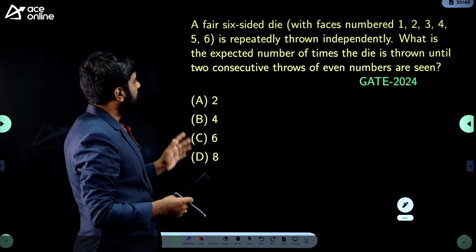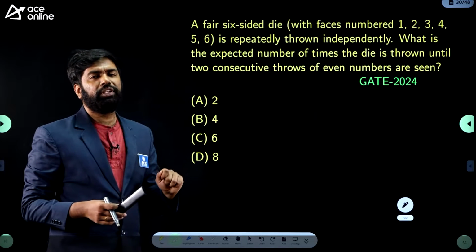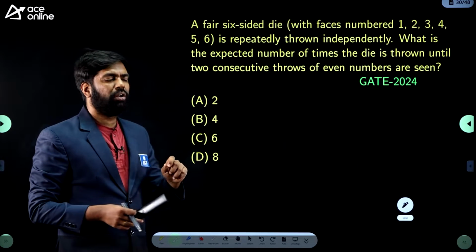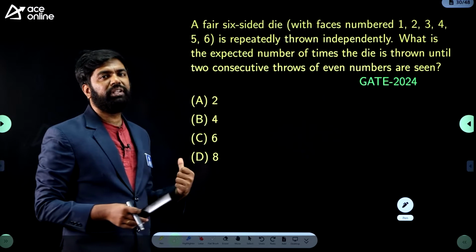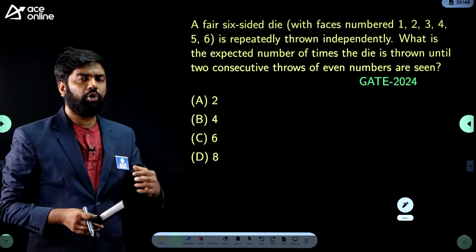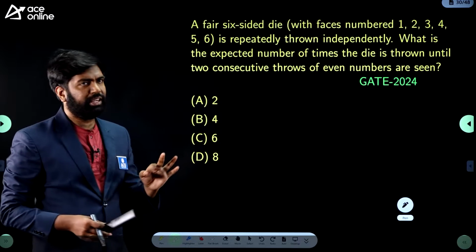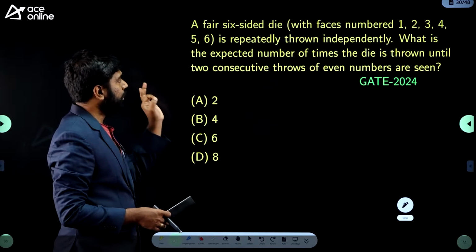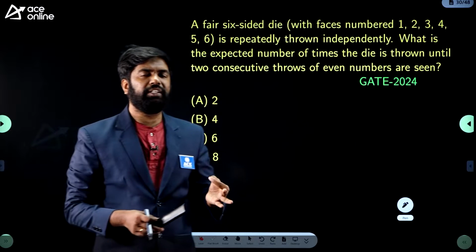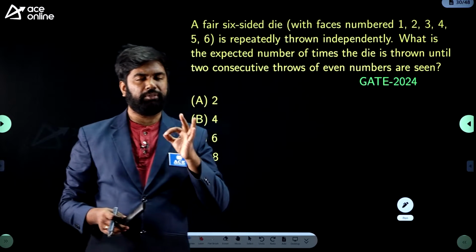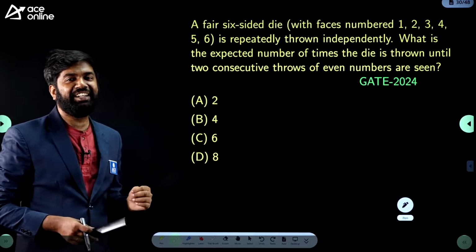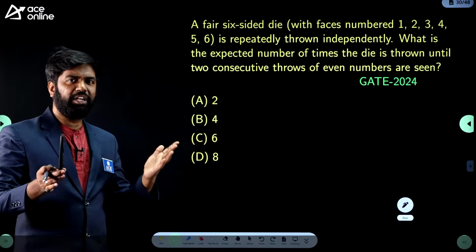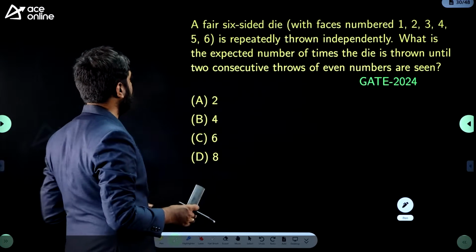Various options are given, and if you carefully observe this pattern, almost exactly the same question also appeared in the previous GATE exam. Almost all the data is the same except for a die. Here they talk about a die, in the previous GATE exam they talk about a coin, okay. So the answer is also the same, that is the interesting point. Why the answer is the same, I will tell you as we progress.